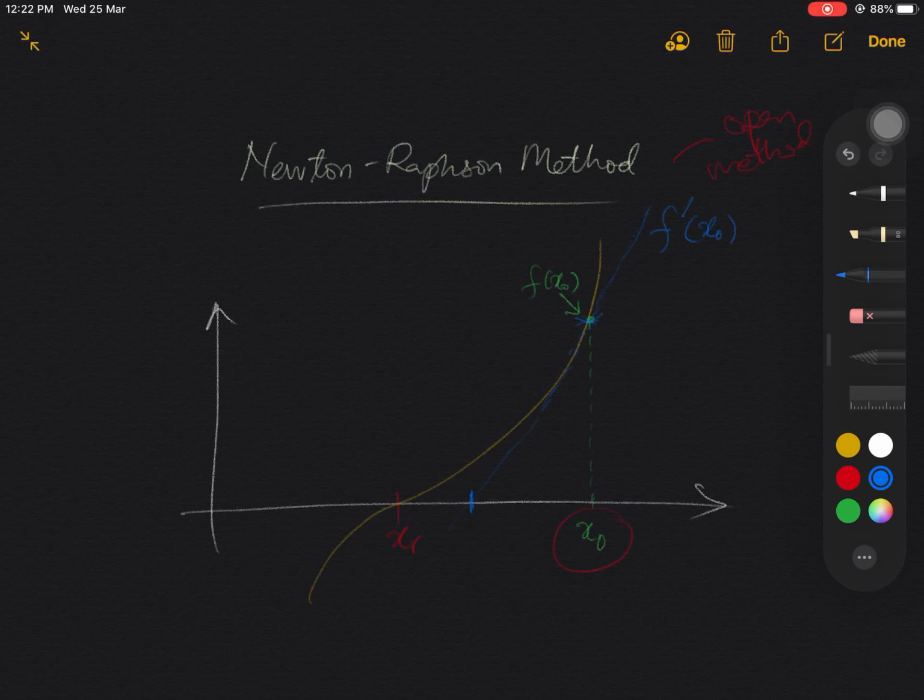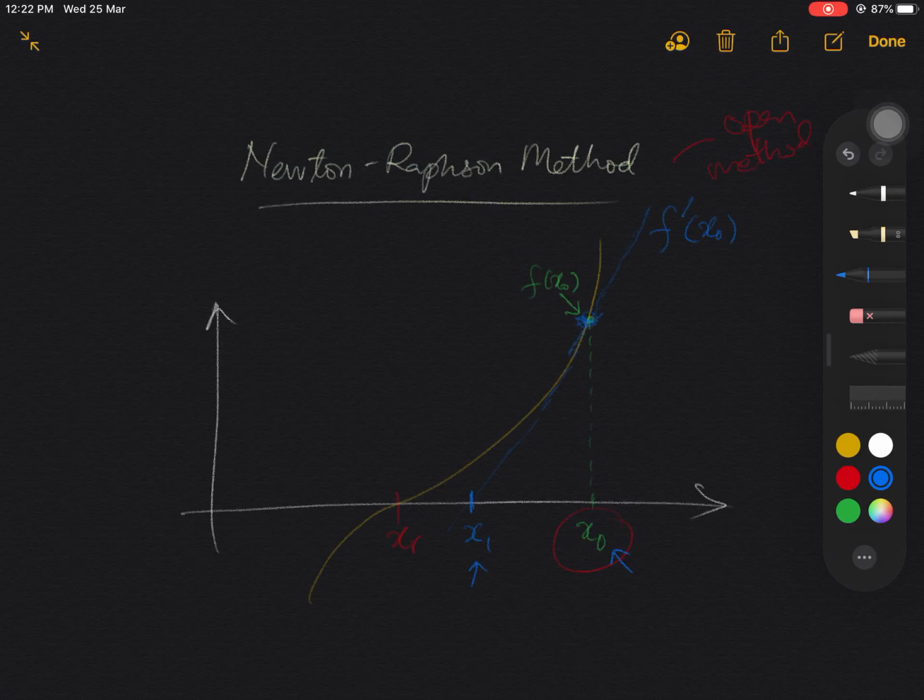Suppose that this line intersects the horizontal axis at point x1. So x0 is the initial guess, the initial point. x1 is the point where the tangent at point x0 intersects the horizontal axis.